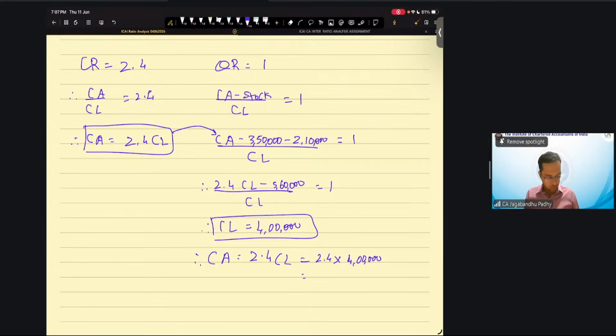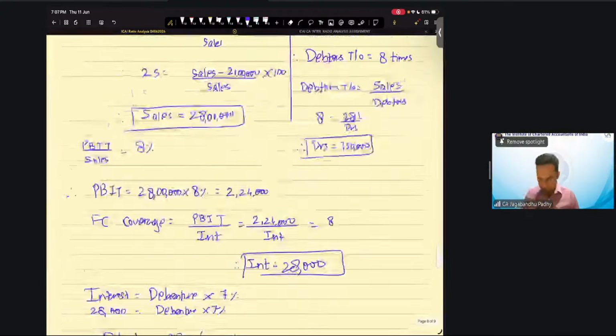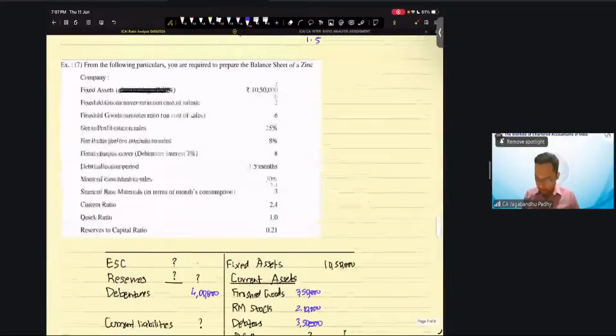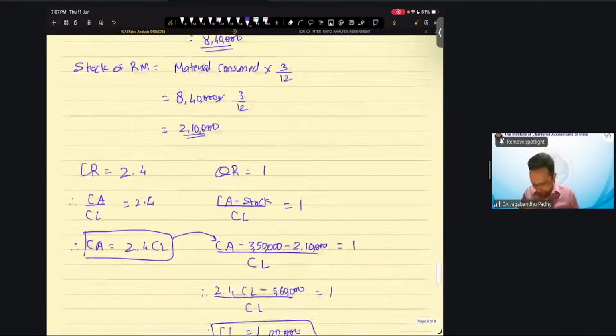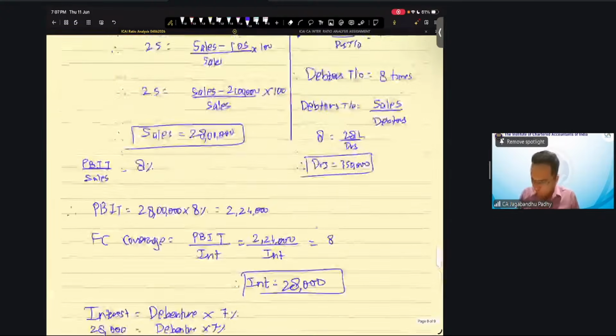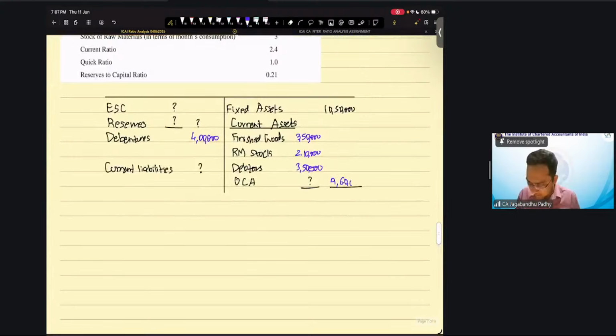This is 2.4 into 4 lakh, which is 9,60,000. 9,60,000 is the value of current assets. So current assets is 9,60,000, current liabilities 4 lakh.